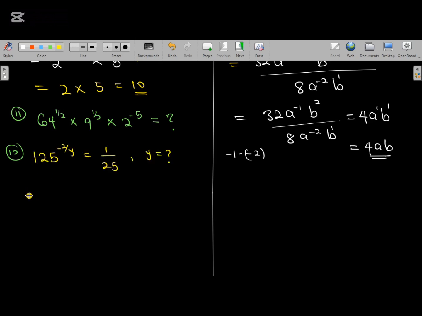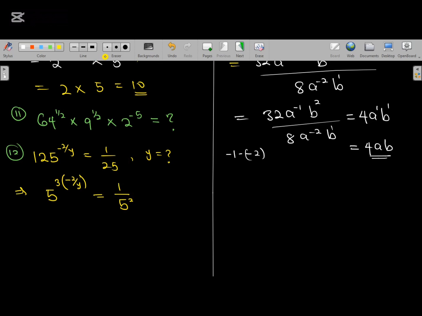Of course, this is a simple one to see. Once it is an equation, remember what I said, try to put both sides in the same base. Okay, and we can write 25 in base 5, and that will be to the power of 3. That 3 will multiply the existing power, and that will be equal to 1 all over 5 to the power of 2.